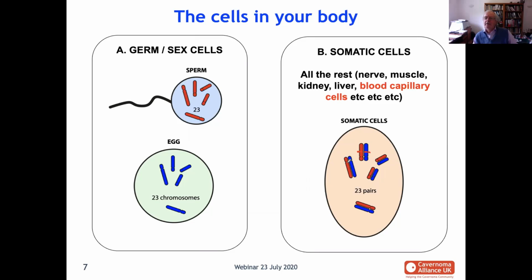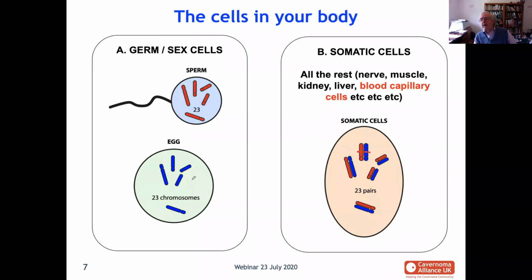In order to get it inherited, you have to have a mutation in either the sperm or the egg. And that's a very rare event. Does it ever happen? Yes, it must have happened at some point to somebody. But the chances of it happening in a single sperm, for example, are very low.